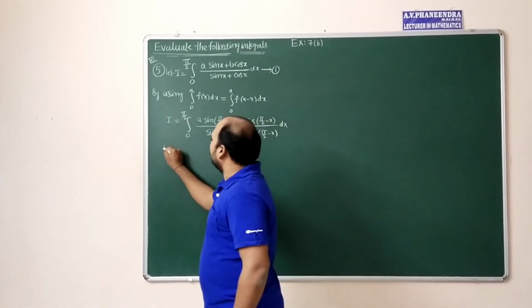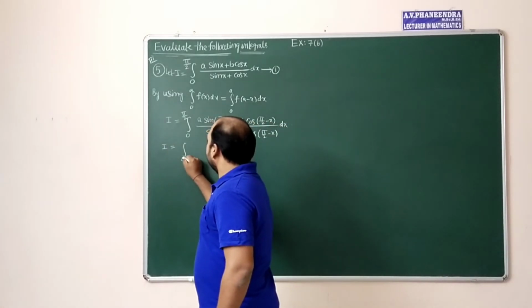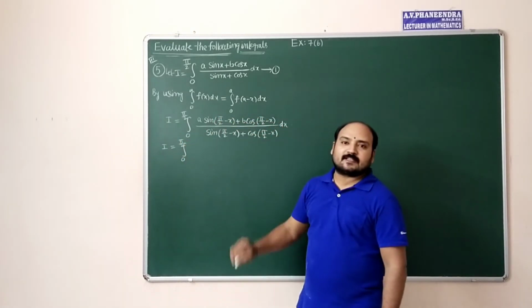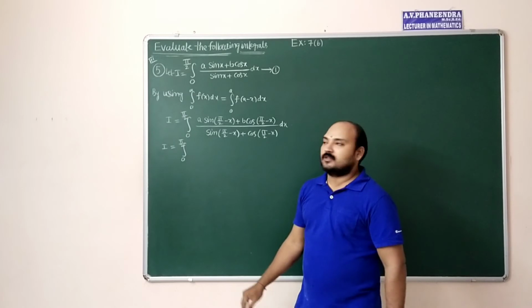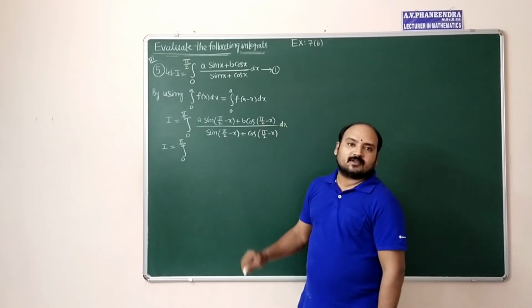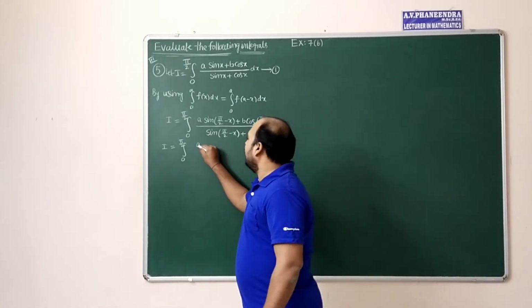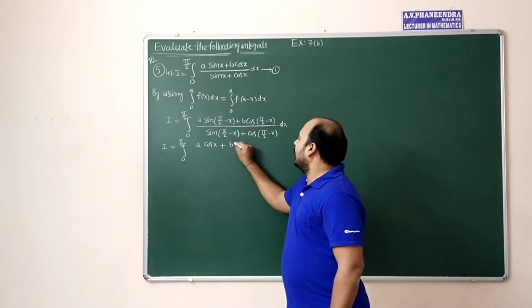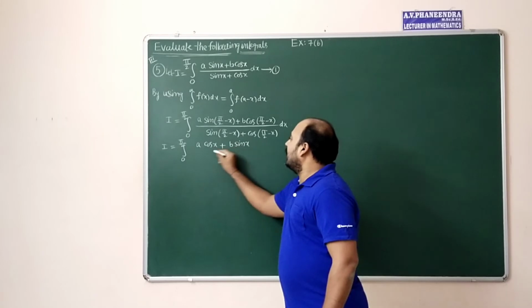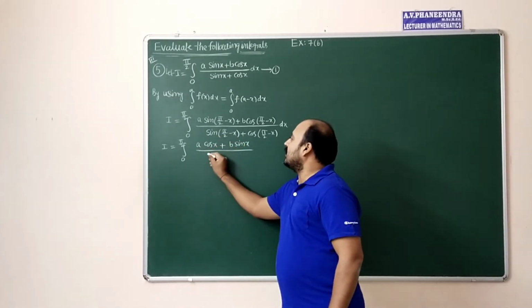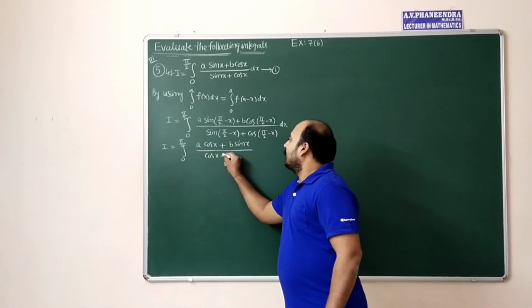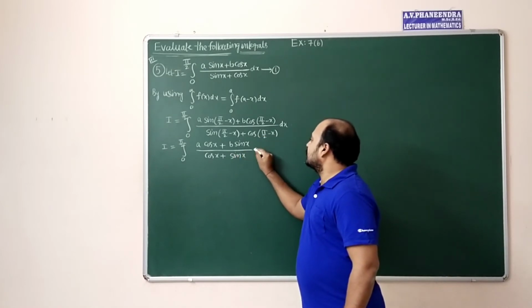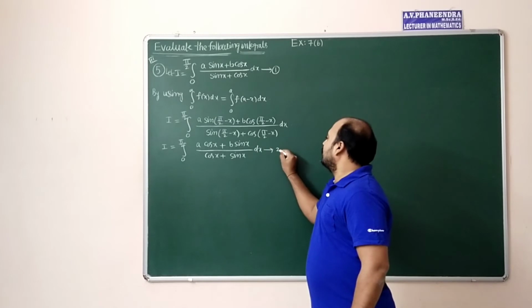Now I equal to integral 0 to pi by 2, sin of pi by 2 minus x, sin of 90 minus theta, cos theta, cos of pi by 2 minus theta, sin theta. So now a into cos x plus b into sin x divided by sin of pi by 2 minus x is cos x plus cos of pi by 2 minus x is sin x into dx. You put as equation number 2.